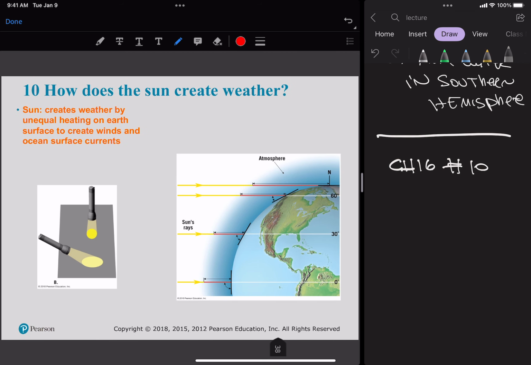So the way that the sun creates weather is by unequal heating.